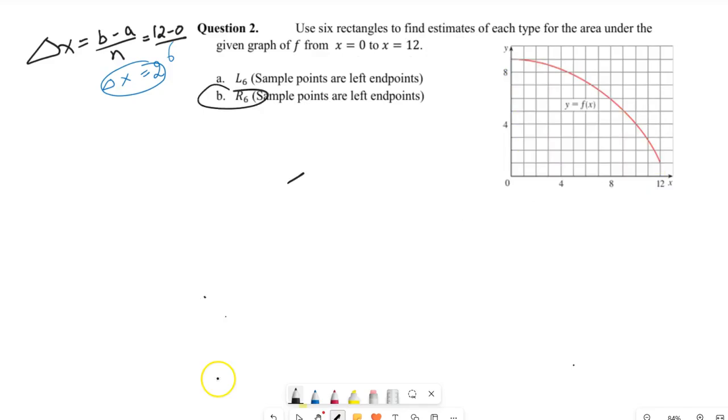Now let's work on part B. Part B is R6. R stands for right, 6 stands for n is 6. The first step is the same. Delta x is b minus a over 6, therefore 12 over 6 is 2. So we are still dividing into equal intervals of 2, 4, 6, 8, 10, and 12.